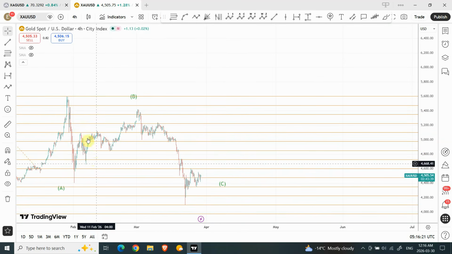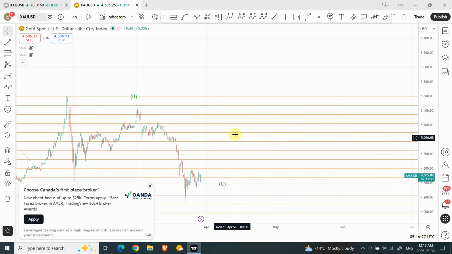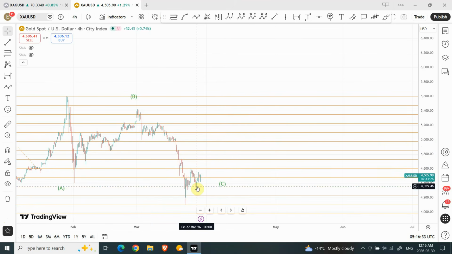And if you look at the previous data, you can see that we are to anticipate a larger move upside, followed by a correction. Whether that correction is going to happen or not, I'm not sure right now, but we are to look for a larger move upward. That should be a clear five wave structure. All right, and within a five wave structure, I'm expecting at least one wave would be an extended wave.